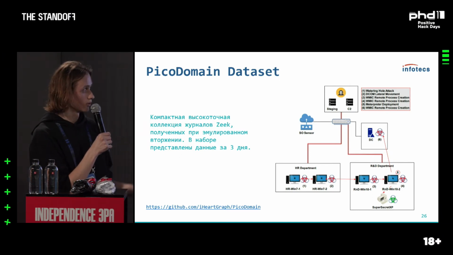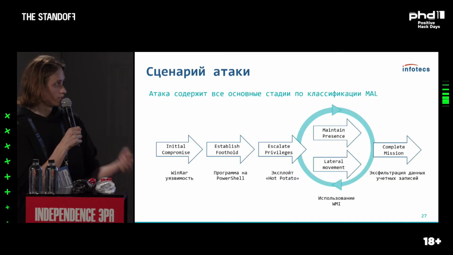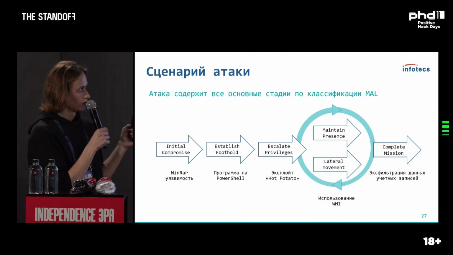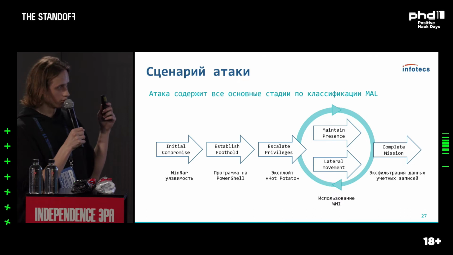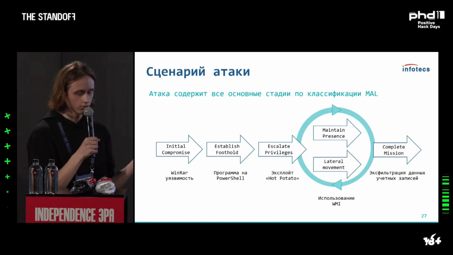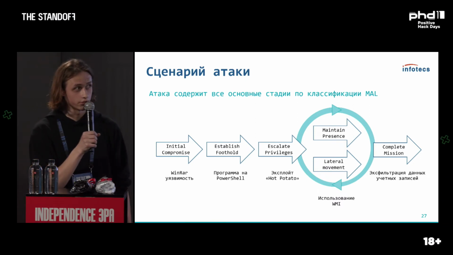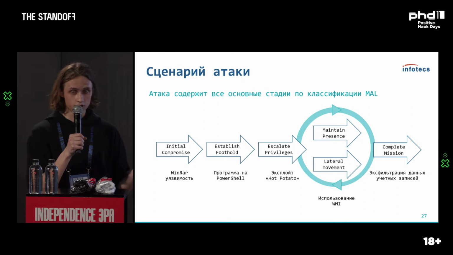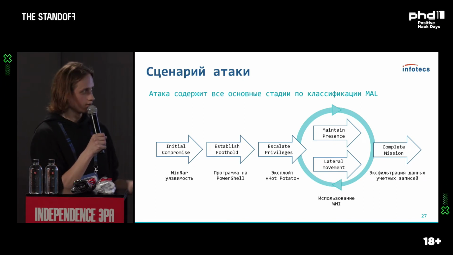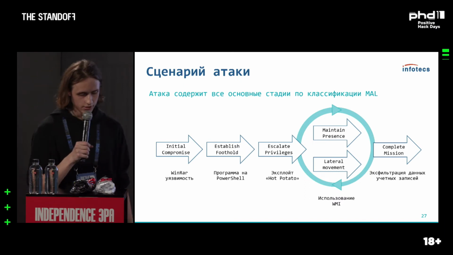you can see also the horizontal moves of a hacker. We can see all of the stages of the mal-classified attack. For example, the hacker gets access to one of the hosts using the WinRAR vulnerability. Then they use the PowerShell, they established foothold, they escalated privileges with the use of the hot potato exploit.